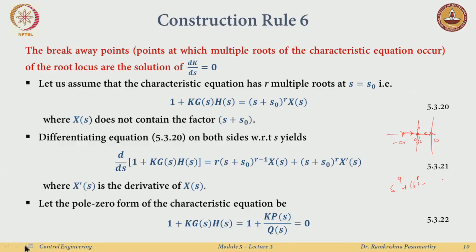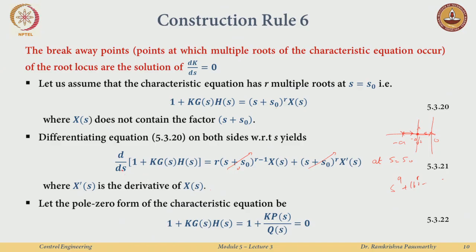Now look at this here. Of course, if s0 is a root, the characteristic equation is obviously 0. Now look at the derivative. What is the value of the derivative at s equal to s naught? At s equal to s naught, this factor goes to 0 and this factor also goes to 0.